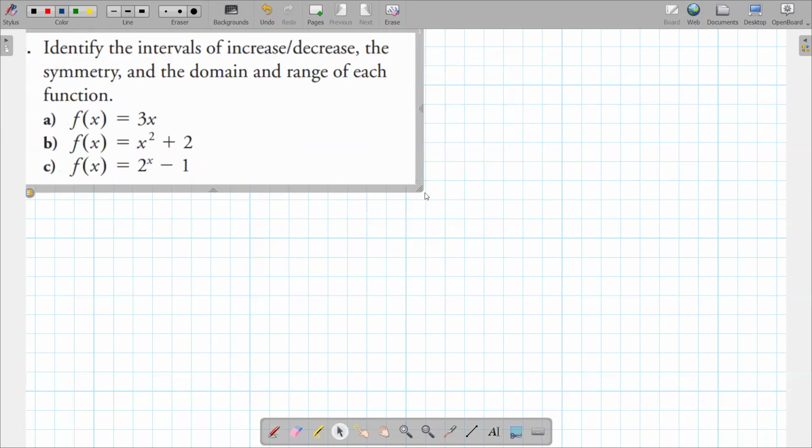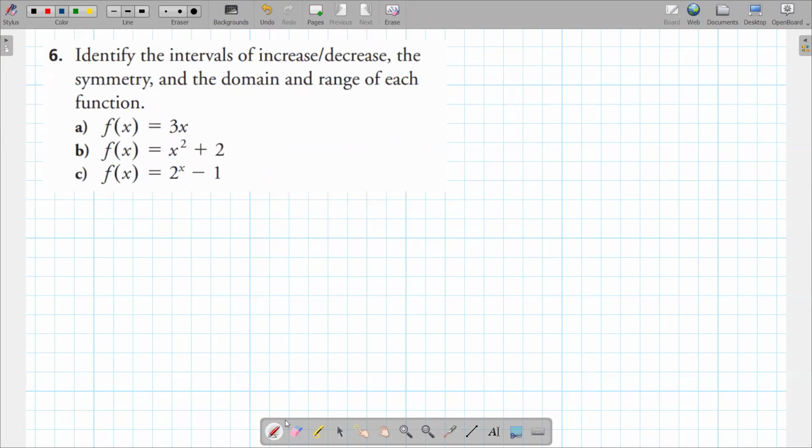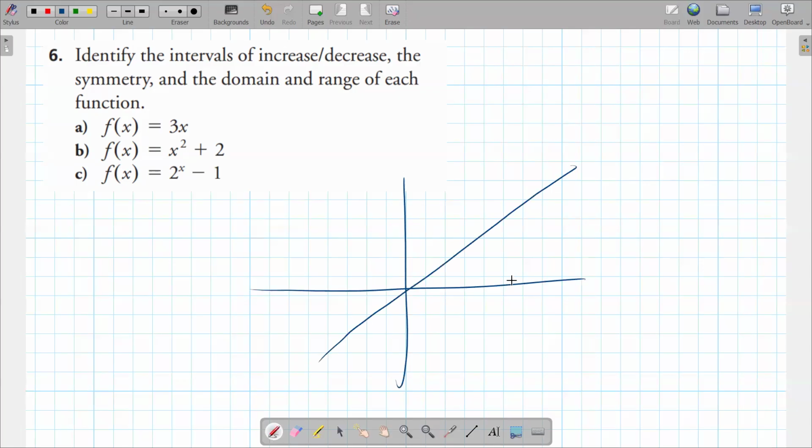Identify the intervals of increase and decrease, the symmetry, and the domain and range. All right, how hard could it possibly be? Let's begin. 3x looks like this, some points (1, 3). Where is it increasing? Where is it decreasing?